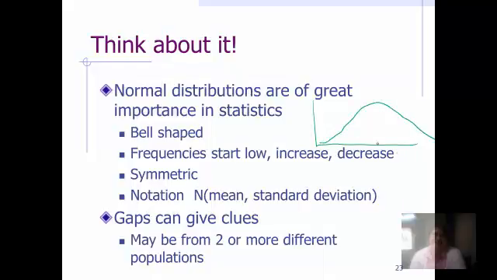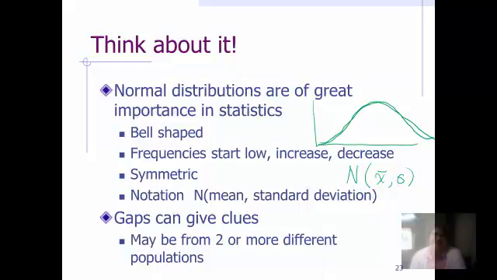And it's symmetrical, and again we have the curve, curves in, curves out, curves in again at the end. There is a special notation, and we use that special notation. A capital N stands for normal distribution, and the first number is the mean, and the second number is the standard deviation. And we'll talk more about these symbols in the next chapter.